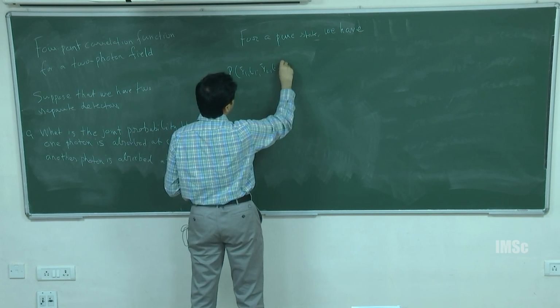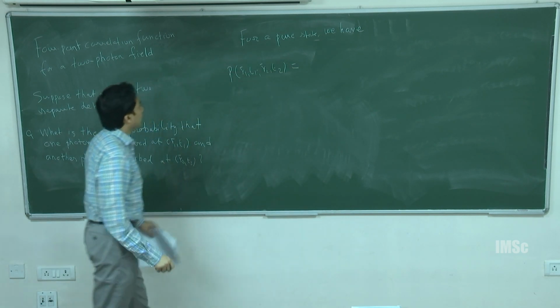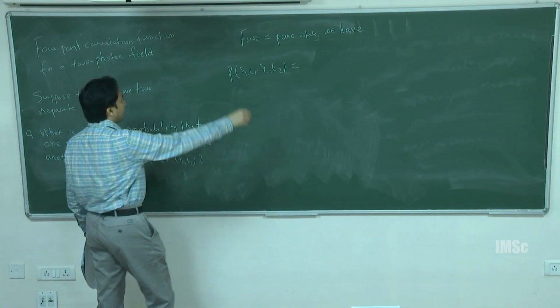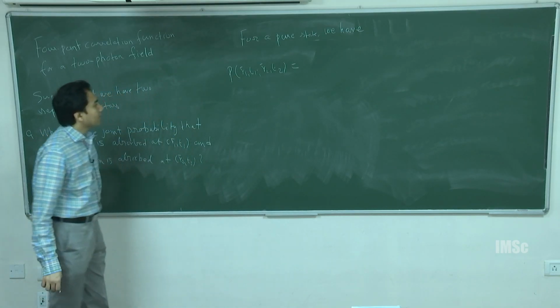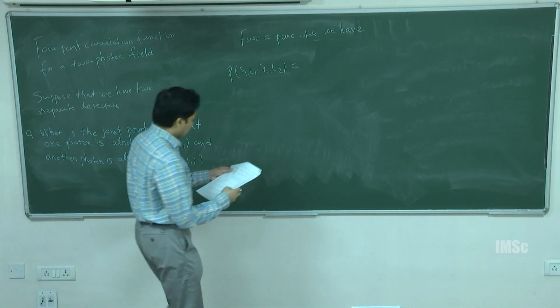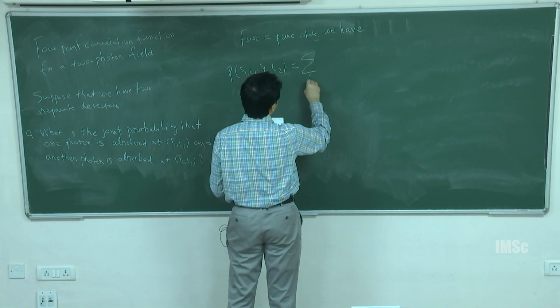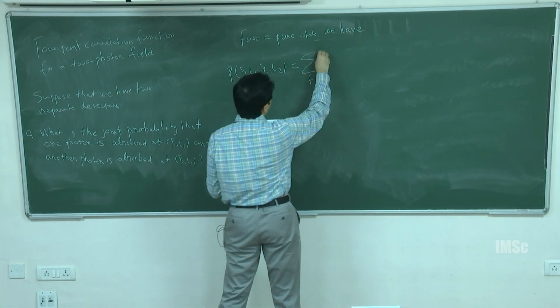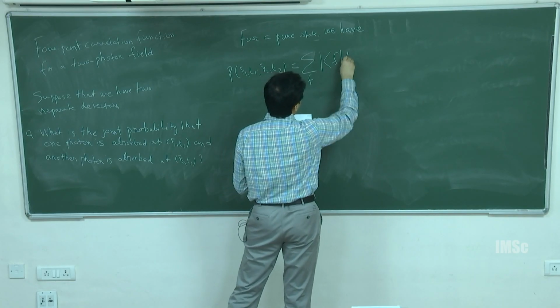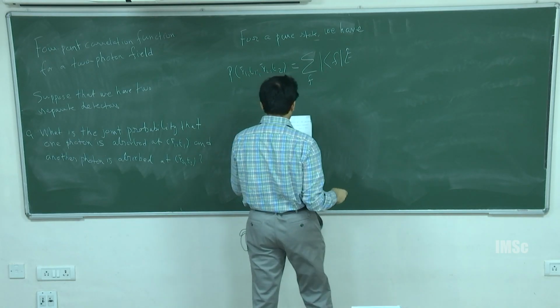This corresponds to the joint probability density of detecting one photon at R1 T1 and the other one at R2 T2. We play the same game that we played for the single photon case.